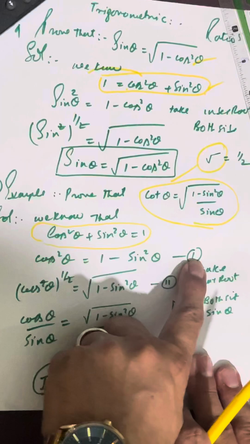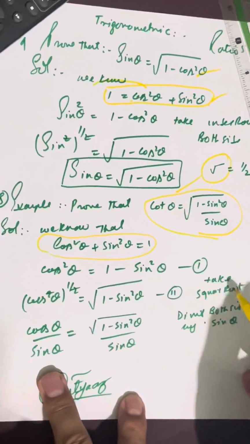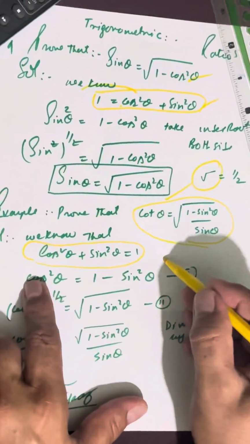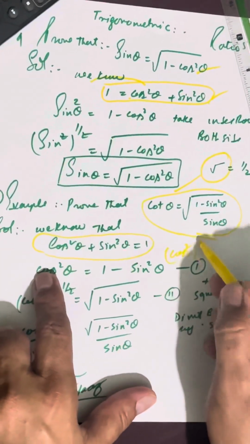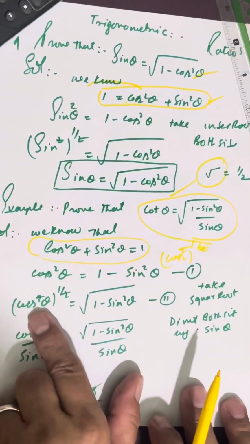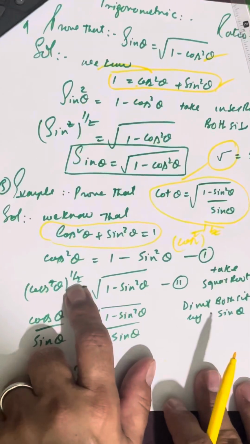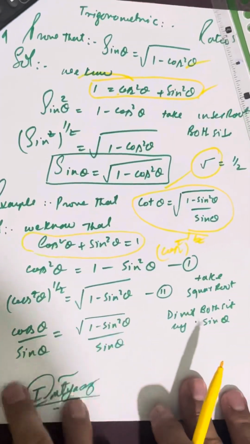This is equation first. Now with this equation, we are going to take the square root on both sides, because square root means power 1 by 2, so the square will finish. So cos square theta to the power 1 by 2, and this is the square root.